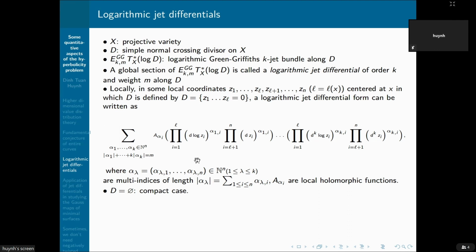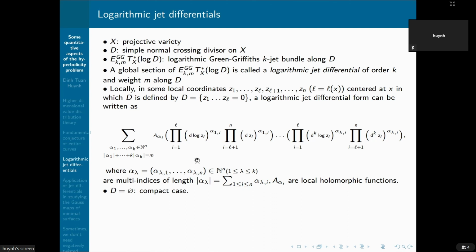So a global section of this bundle is a logarithmic jet differential. This one has order k and weighted degree m. So locally you can write it as a weighted homogeneous polynomial in the variables d log z_i, d^k log z_i, and d^k z_i, sorry.